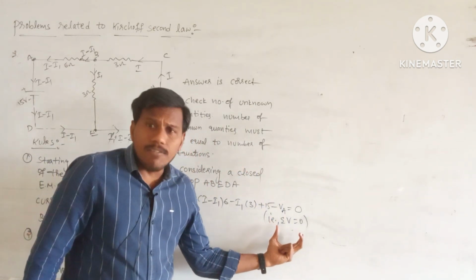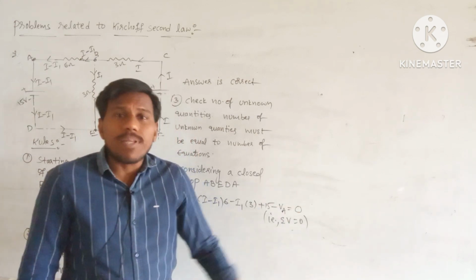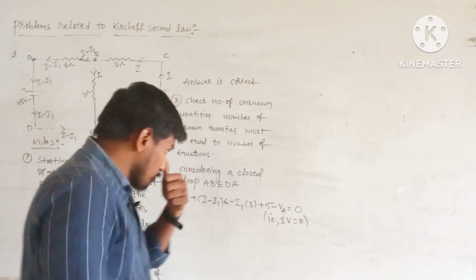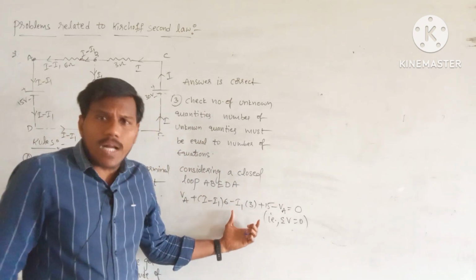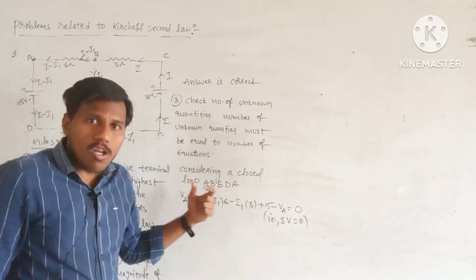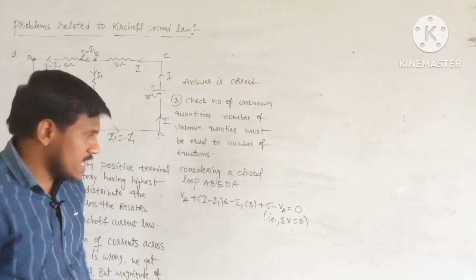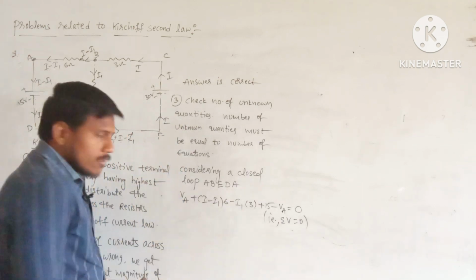Already we discussed Kirchhoff's second law clearly in the previous class. So this is the equation we have to write for the closed loop ABEDA based on rules and sign conventions. Now I am solving this equation.